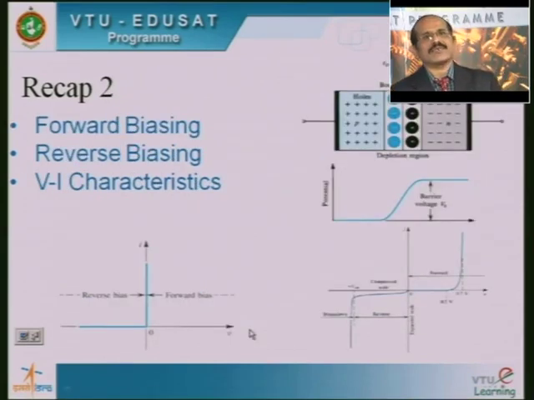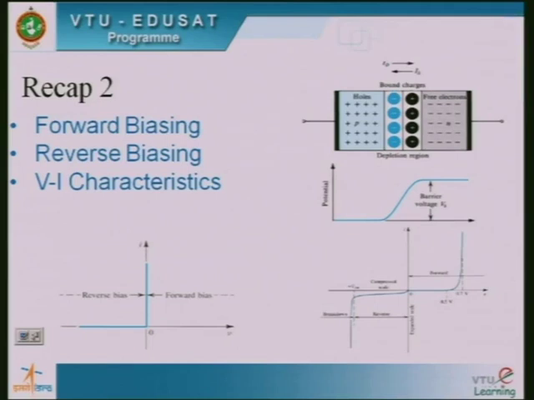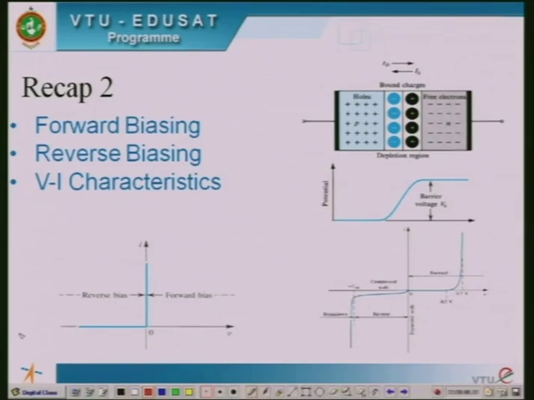We also discussed the forward biasing of the semiconductor diode. Forward biasing means the anode is connected to the positive terminal of the battery and the cathode is connected to the negative terminal.